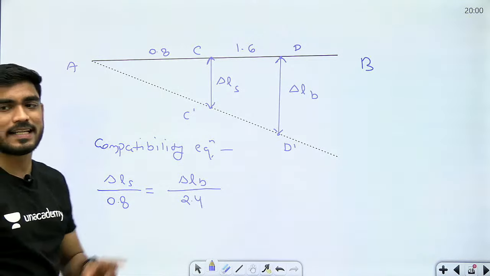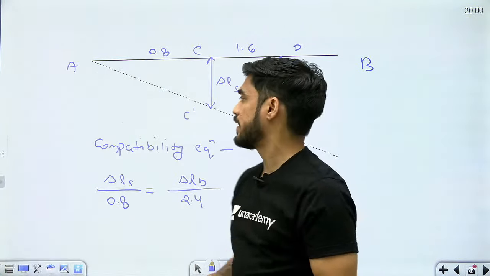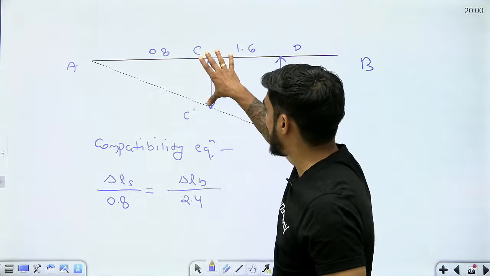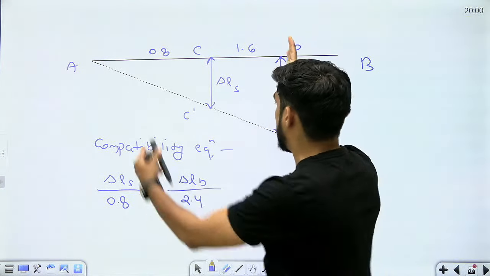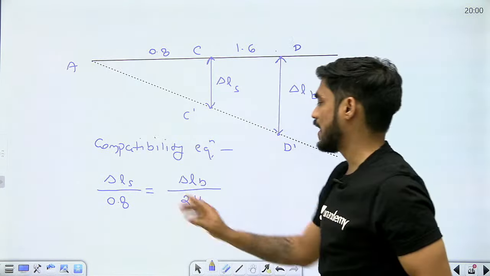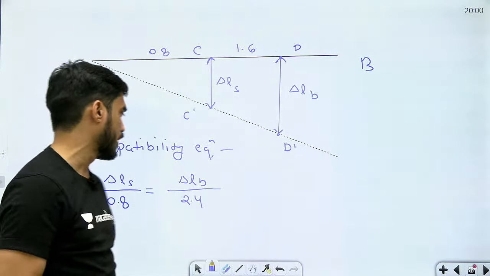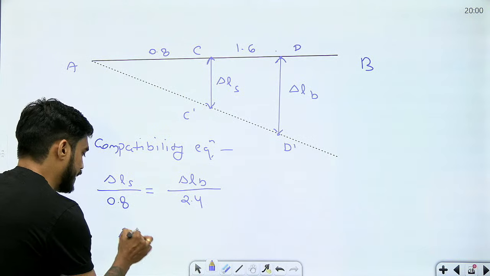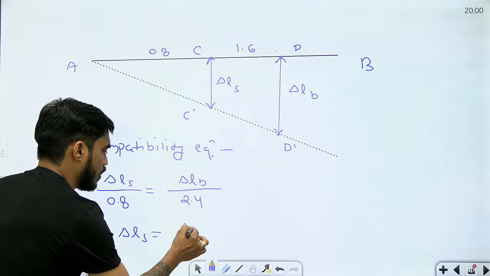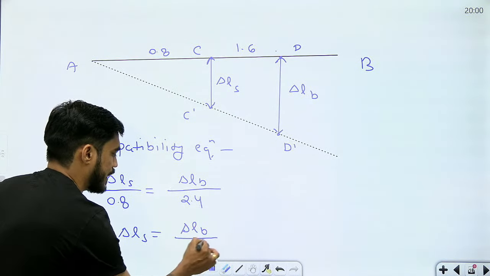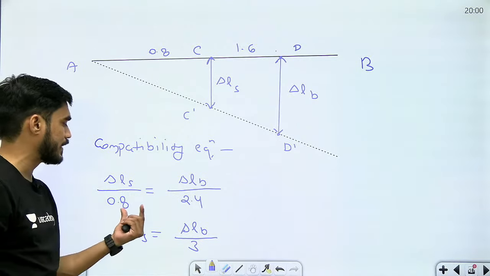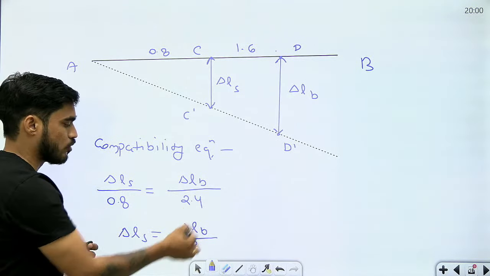I am applying the similar triangle property. Do you understand? This height by base equal to this height by this base. So delta L of steel by 0.8, delta L of bronze by 2.4. So I can write delta L of steel will be equal to delta L of bronze divided by 3. ये divided by 3 हो जाएगा ना, 0.8 ये हो जाएगा 3.